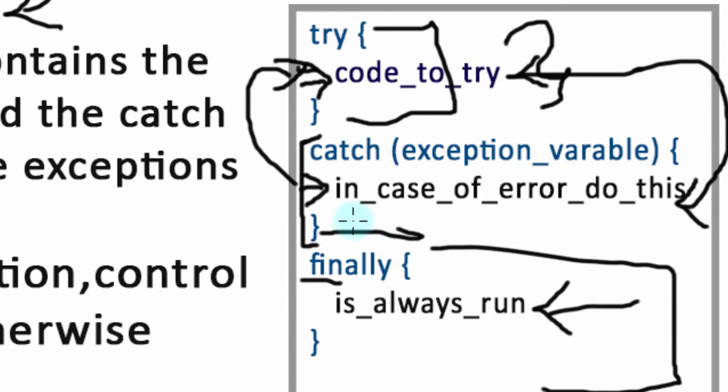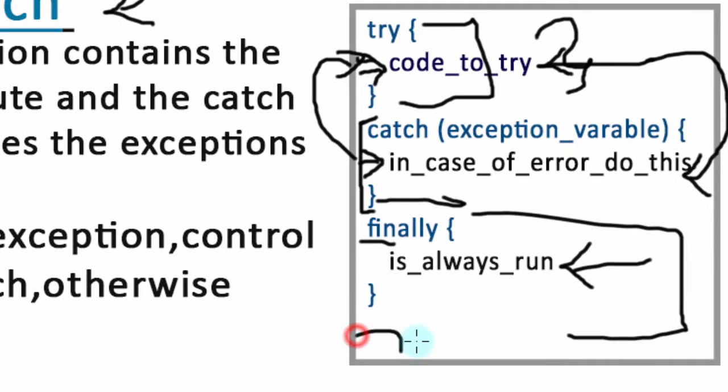So after you run this, and before anything down here is run, the finally block is always run. Let's say, for example, that you're opening a file. In Node and other server-side JavaScript languages, you have access to files.